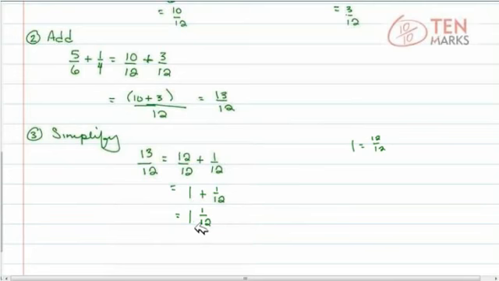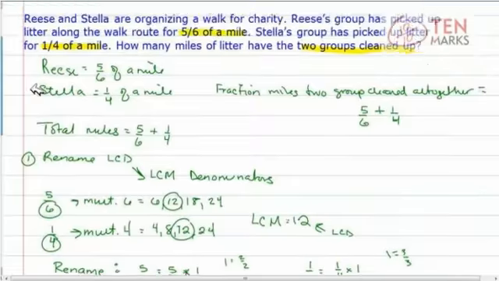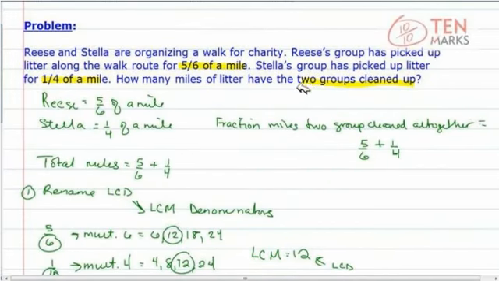All right? So 1 and 1/12 is our answer. So how many miles of litter have the two groups cleaned up? The two groups have cleaned up 1 and 1/12 miles of litter.